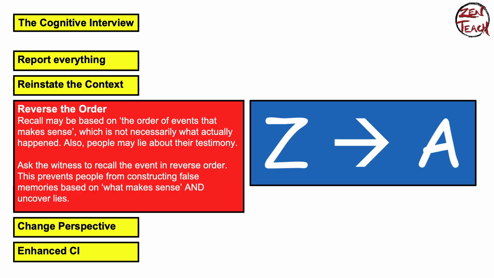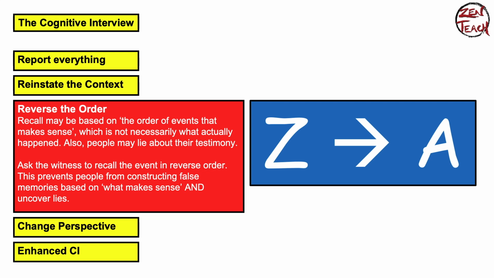Reverse the order refers to asking witnesses to recall the event backwards, from the last to the first event. That way, we break the logic chain that we very naturally build up in our heads to check whether our story actually makes sense. So a train of thought might be something like, all right, so first I was there and then I walked over the street and I must have done this and that, or else I wouldn't have made it onto the other side of the street.